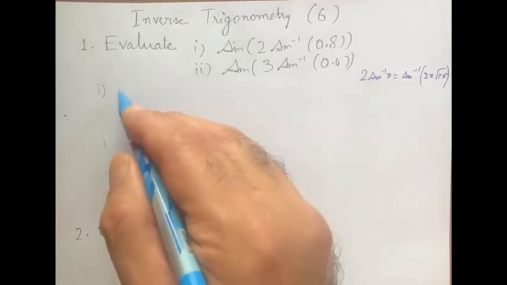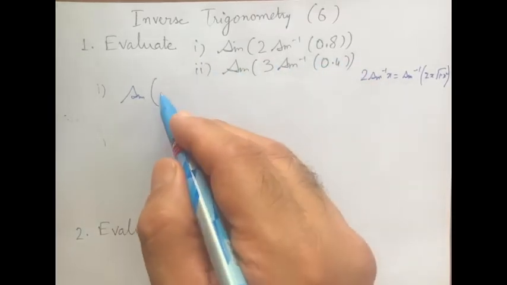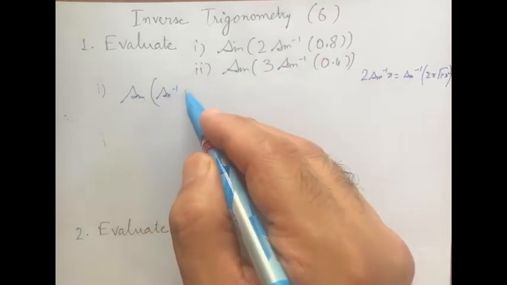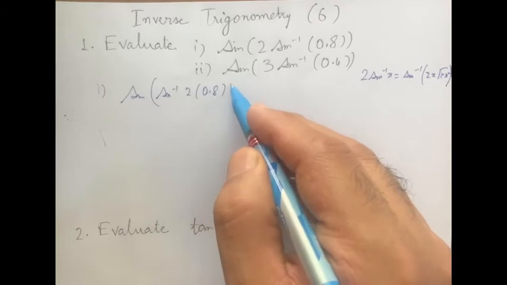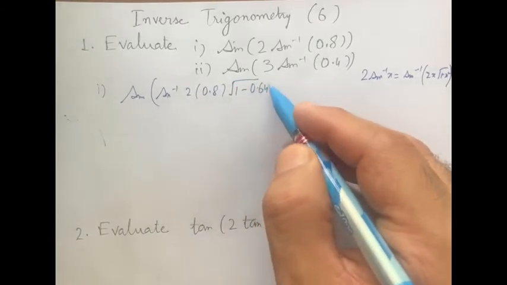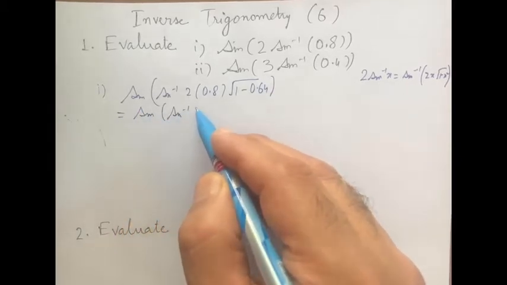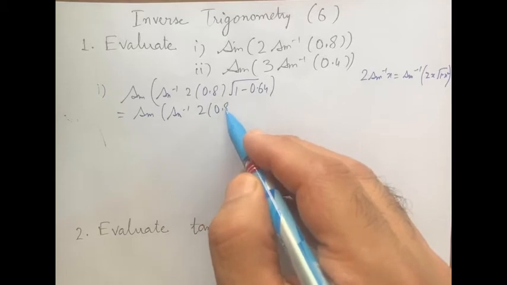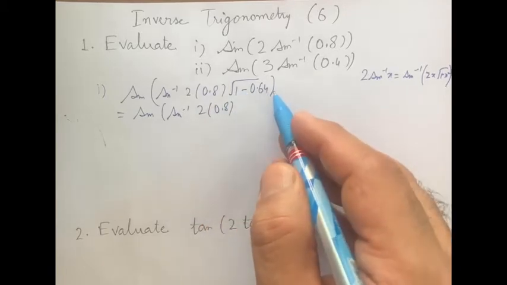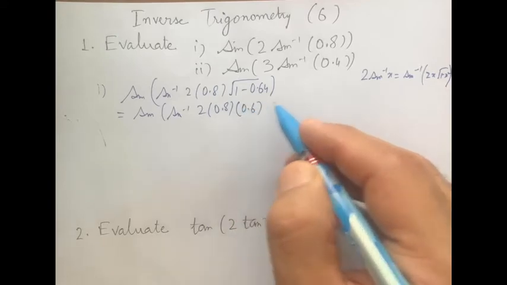So we use this: sine of 2 sine inverse of 0.8 is sine of sine inverse of 2 into 0.8 into root of 1 minus 0.8 square, which is 0.64. So this is sine inverse of 2 into 0.8 into root of 0.36, and root of that will be 0.6.